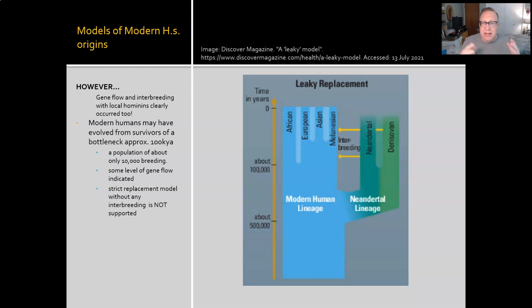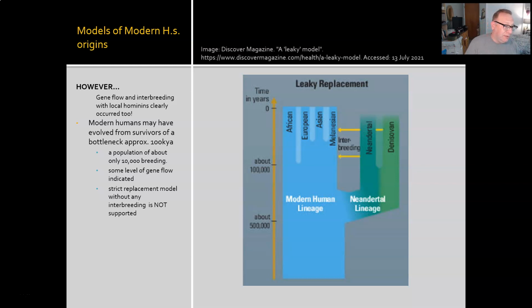So there's definitely indications of gene flow, not just with the Neanderthals and Denisovans, but also between various groups. So there's this sort of pattern by which alleles are distributed and spread out over time.